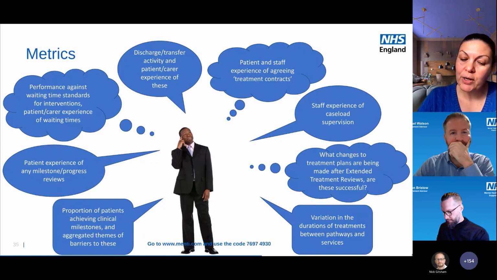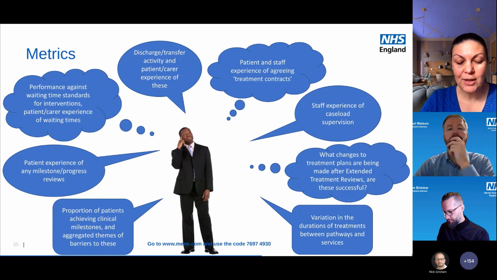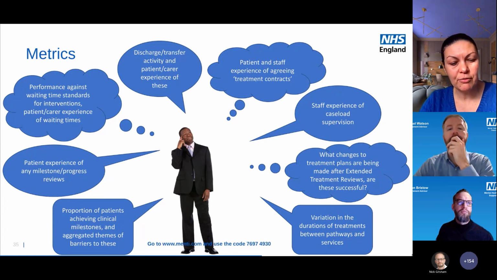Are there pathways where you need to consider implementing a different way of working to support people who are waiting a long time? It's a good question to start asking. What is the Pareto analysis of reasons for delays telling us, especially around management supervision on extended treatment reviews?